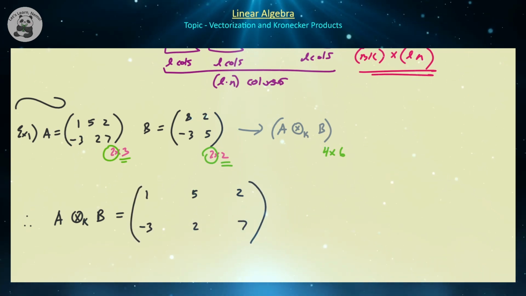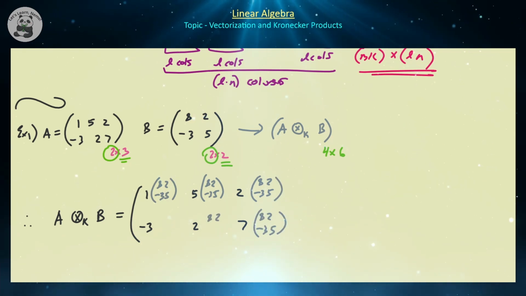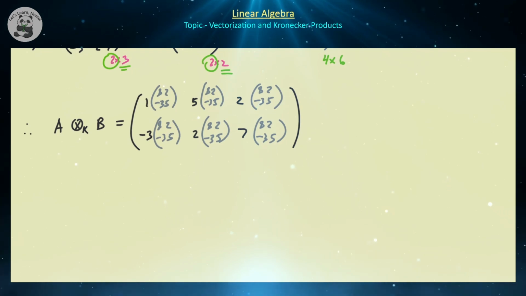And then I'm going to put my 8, 2, minus 3, 5 in each of these cells. Once I have that, then I can perform the scalar multiplication of those constants with each of those 2 by 2 matrices.